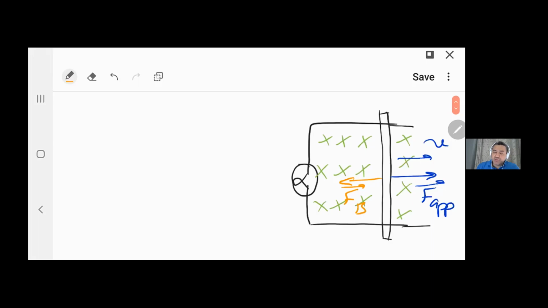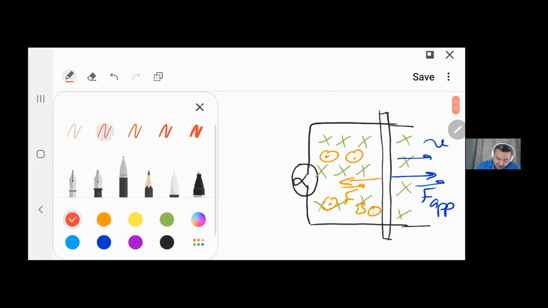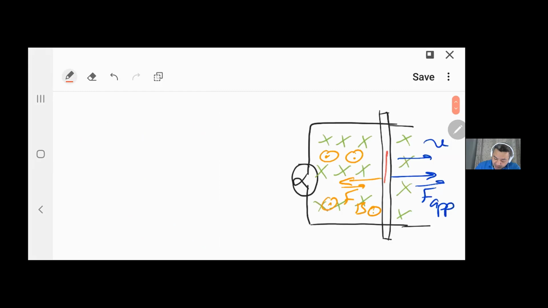Now, the loop will generate an opposing magnetic field that opposes this increase, which means it will be pointing out of the screen like this. And now this magnetic field that is pointing out of the screen will, based on the right-hand rule, result in a current that is going counterclockwise. So now the current will be flowing in this direction.